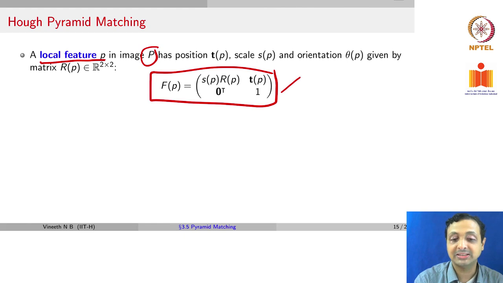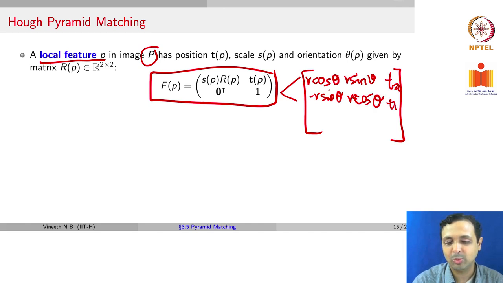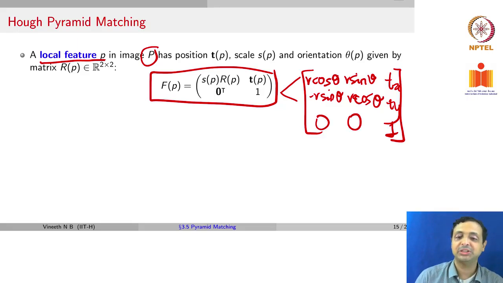Remember that this transformation matrix is just a different way of writing what we saw earlier, where we saw you have r cos theta, r sin theta, minus r sin theta, r cos theta, tx, ty, 0, 0, 1, which constitutes an affine transformation where r is the scale, theta is the orientation, and tx and ty are positions. So this is just a concise way of writing such a matrix.